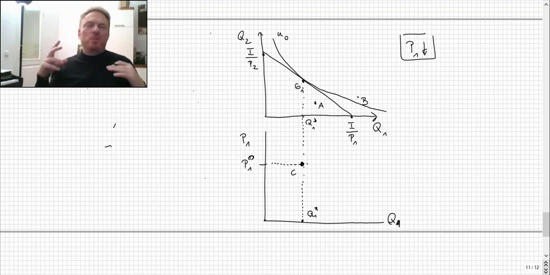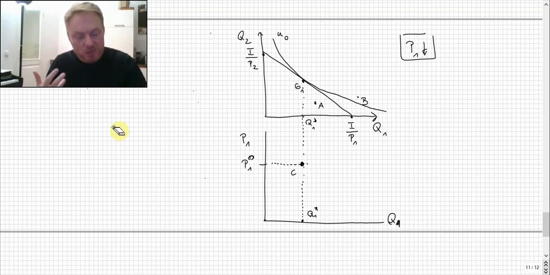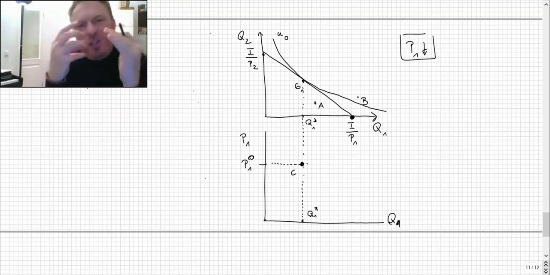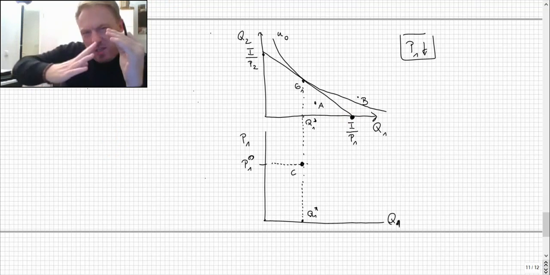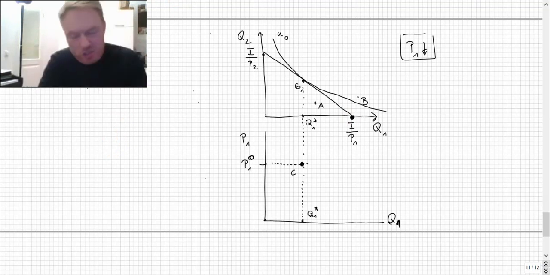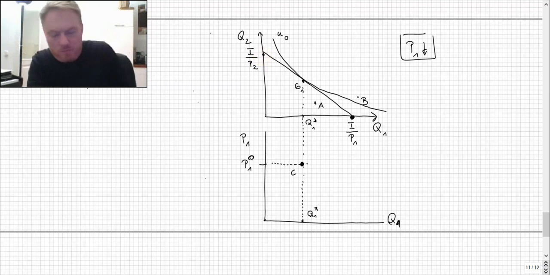Now there's something changing, and the price needs to go down. The price of the first good, I mean, it doesn't have to go down, but if it goes down, what happens? This point here does not change at all. The budget constraint shifts around this point, which does not change, and it goes in this direction.